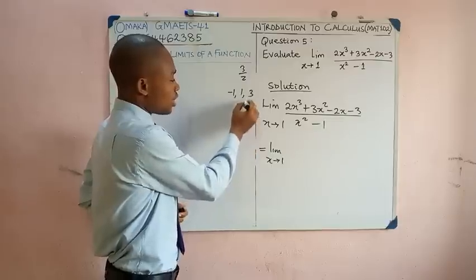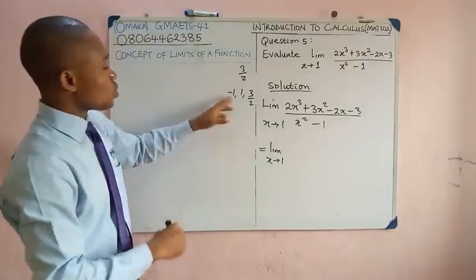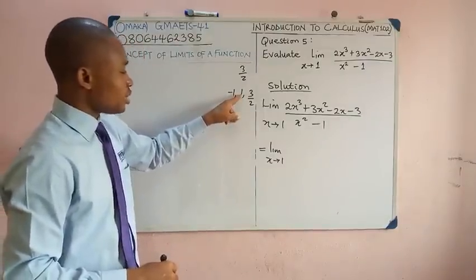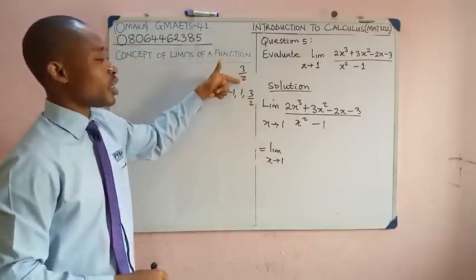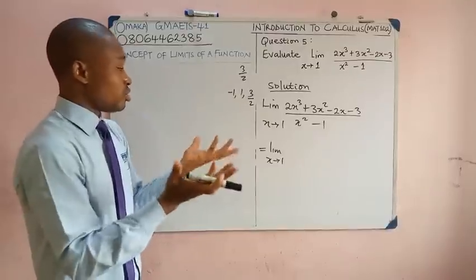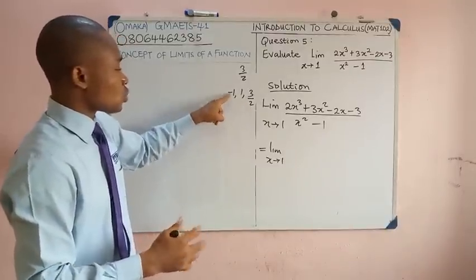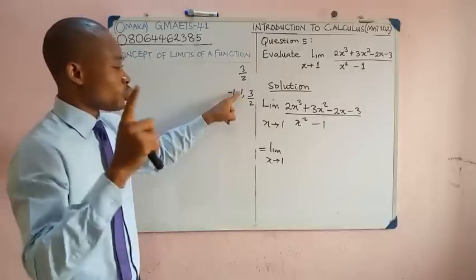So from what I'm seeing here, I will come here and say that this is over 2. If you add minus 1, plus 1, and 3 over 2 together, you're going to get 3 over 2. In the addition, you do the LCM: 2 times minus 1 gives minus 2, plus 2 times 1 gives 2.